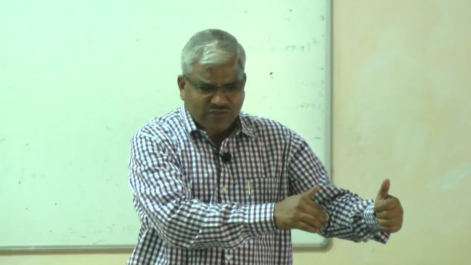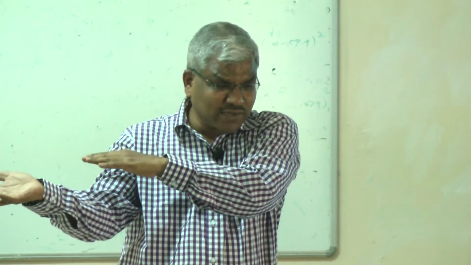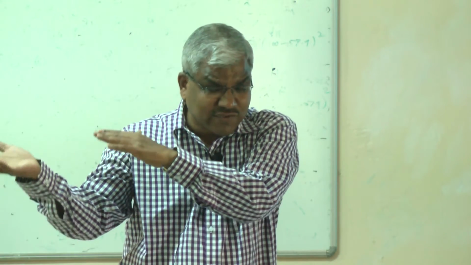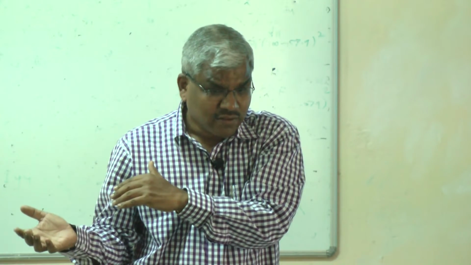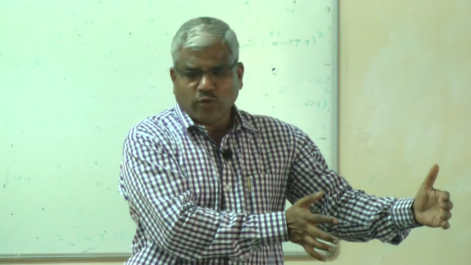The time domain sequence was aperiodic. The discrete time aperiodic sequence gave the Fourier representation in the form of the DTFT, which is continuous and periodic. When I sample it, x[n] becomes periodic in the time domain. That is the purpose of studying the discrete Fourier transform.